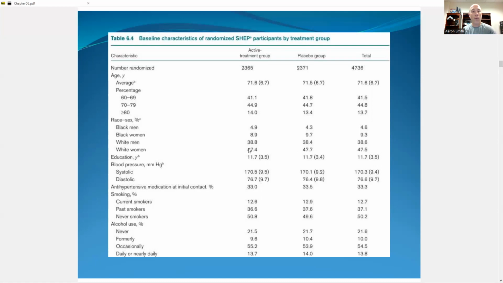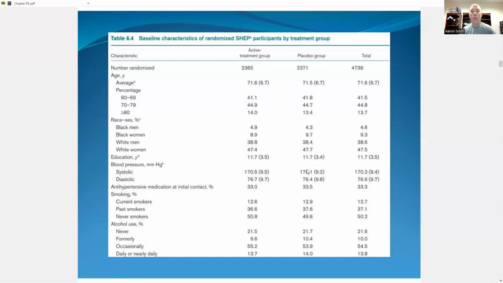So here is race. Here we can see that we have race and sex together. Here we have education. Here we have the average blood pressure. So these are about the percentage of the variable throughout.